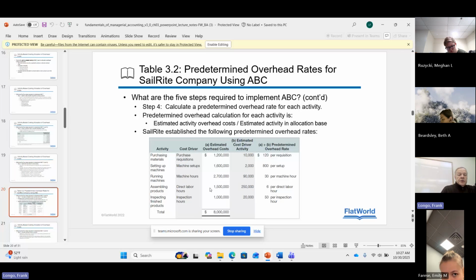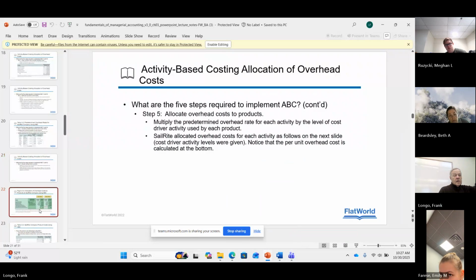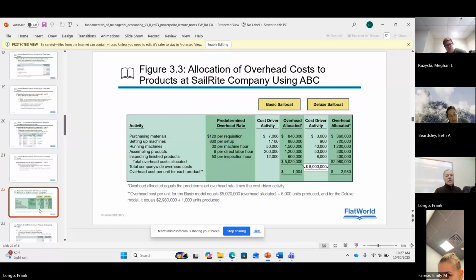Okay, so keeping this in mind, that we've determined the overhead rate for each activity. They are listed here. So now let's work our way down to our schedule where we allocate overhead between two products.